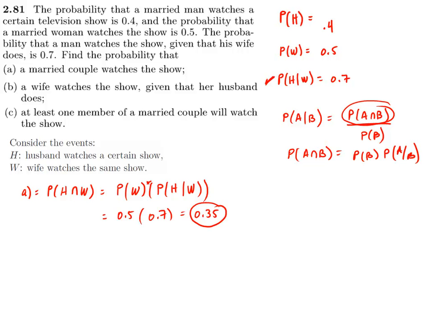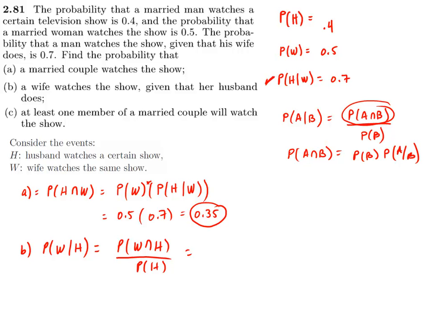The wife watches the show given that her husband does. So B, probability that the wife watches the show given that the husband watched the show. And we know how to find that. This is W intersection H over the probability of husband.